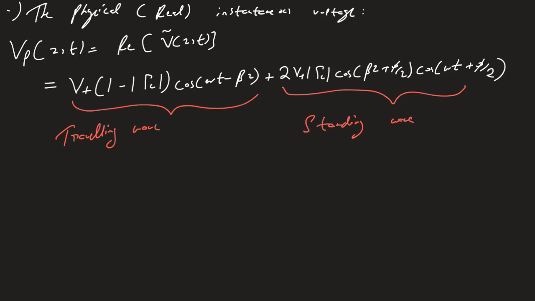Now, if you remember that we just looked at a short circuit before, so imagine that the magnitude of gamma L is 1, as we had for an open circuit load. Then 1 minus 1 becomes 0, the traveling wave becomes 0, and you only have a standing wave. Similarly, if you have a short circuit, the gamma L was minus 1. So the magnitude of gamma L is 1. So 1 minus 1 once again gives you a 0 for the traveling wave. So for a short circuit and for an open circuit, you can see from here that you only get a standing wave. And for a general load, you have a traveling wave plus a standing wave, as we have here.